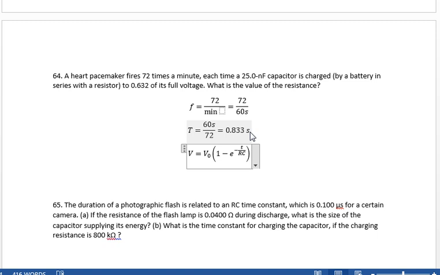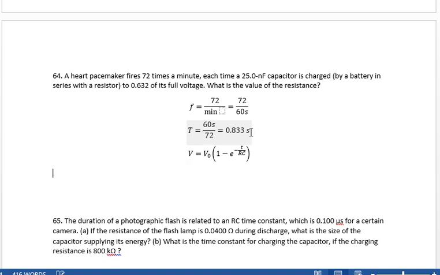Now the question is, what is that internal resistance? I'm going to go through this the long way rather than take the shortcut. The shortcut is I know that the time equals RC, that it equals one time constant.